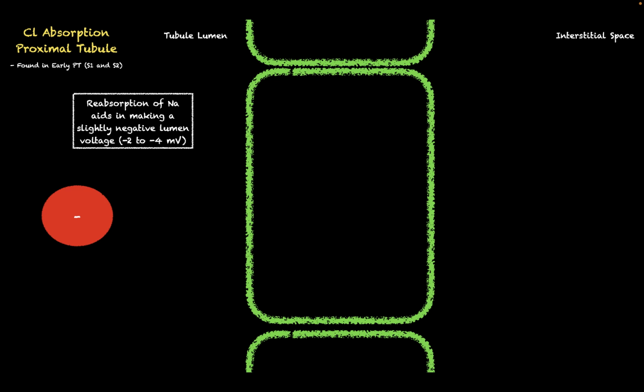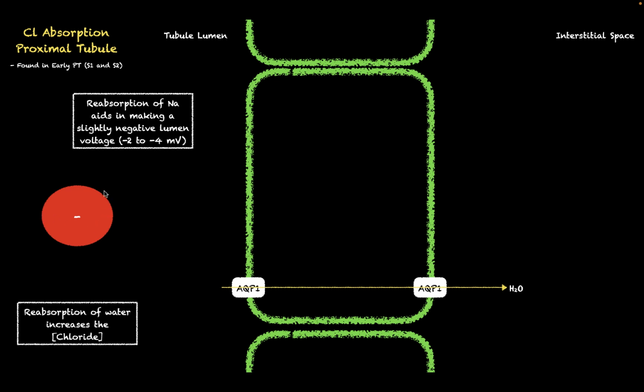So in addition to this, we also had water being reabsorbed by the cells, right? So water is being reabsorbed. And as a result, we have 2 factors that are going to drive chloride reabsorption. The first factor is that we have the negative charge that is going to repel chloride. And then also we have water being reabsorbed, which increases the concentration of chloride in the tubule.